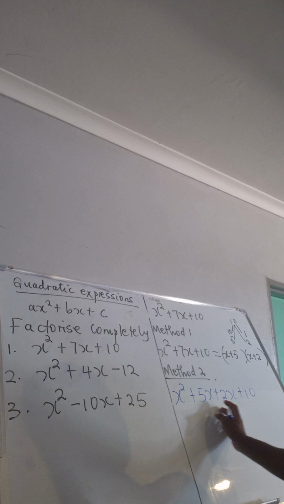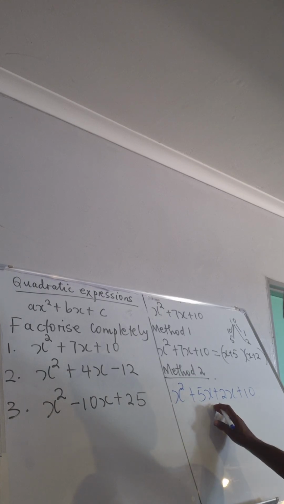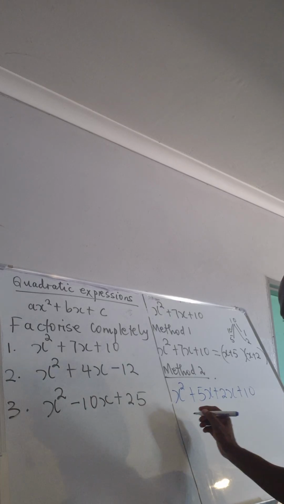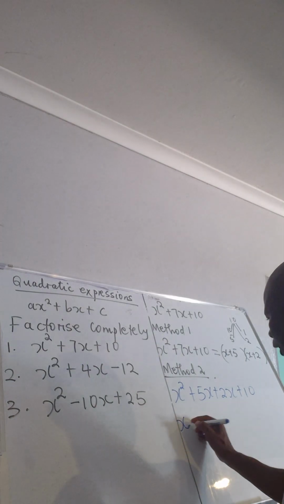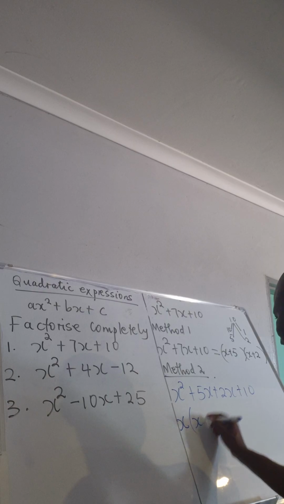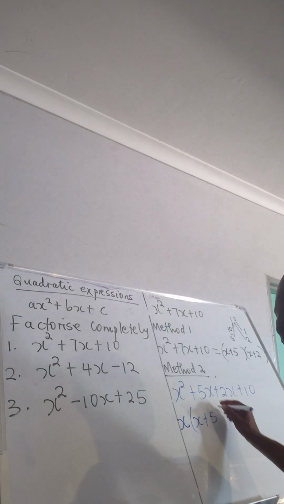Now you can group this into 2: x squared plus 5x, then 2x plus 10. Find the common factor. In these two, x squared plus 5x, our x is common here. You divide x squared by x, you get x, plus 5x divided by x, you get 5.